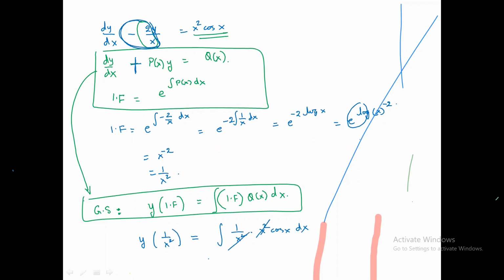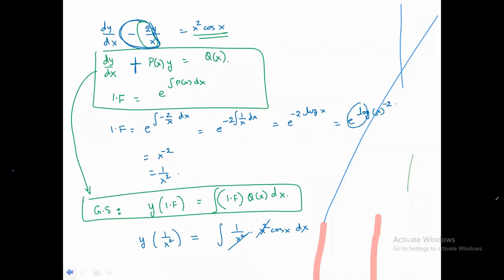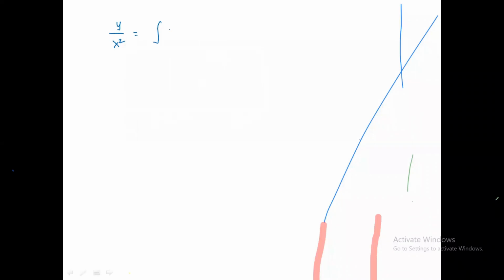So x² and x² will cancel. That means I have y/x² equal to, on the right side, the integral of just cos x dx, or y/x² = sin x + c.